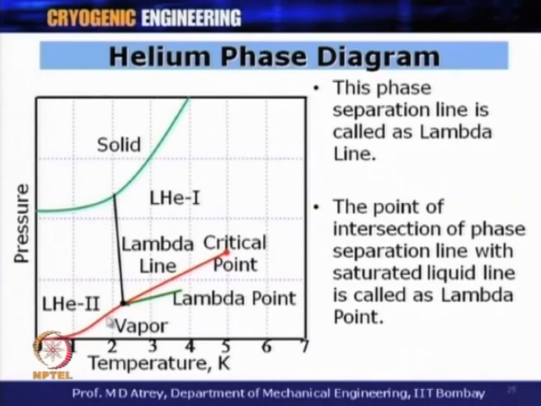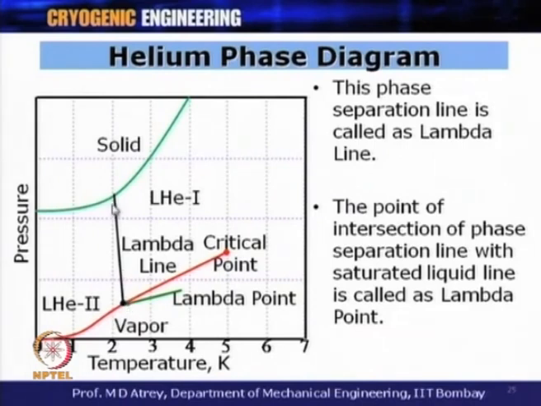Now, this is a complete phase diagram of helium, and again I summarize. What you have on the right side of this dividing line is helium 1, what you have on the left side of this line is helium 2. Liquid helium 1 is called normal fluid and liquid helium 2 is called superfluid. The difference happens as we go on cooling liquid helium 1 below 2.17 Kelvin, depending on what pressure you have.